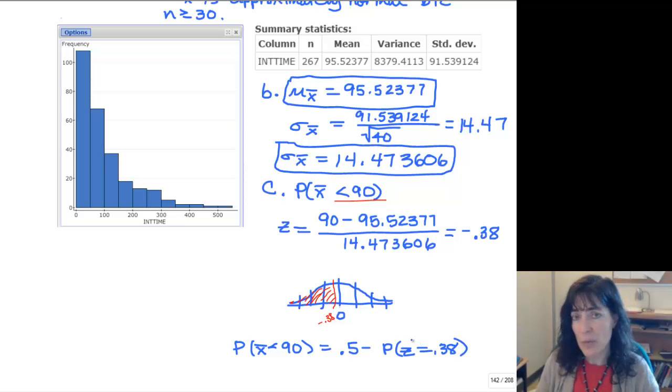And remember, I just look up 0.38. I don't worry about that negative because it's not going to show up anyway.